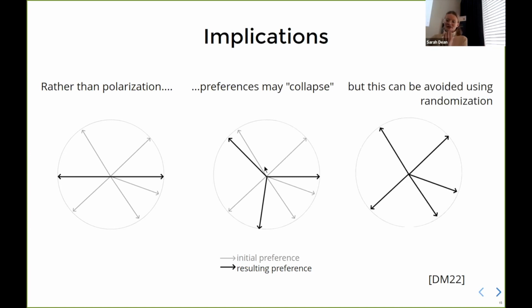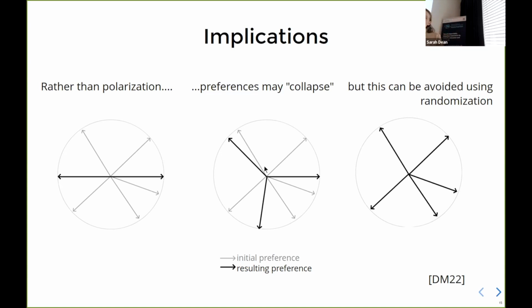In the paper, which I have a full citation for at the end, we show that that is the conclusion of these high rating strategies, but it's not inherent to these dynamics. We propose a simple randomized algorithm for randomizing over several pieces of content and show that it's possible to exactly preserve somebody's preferences.